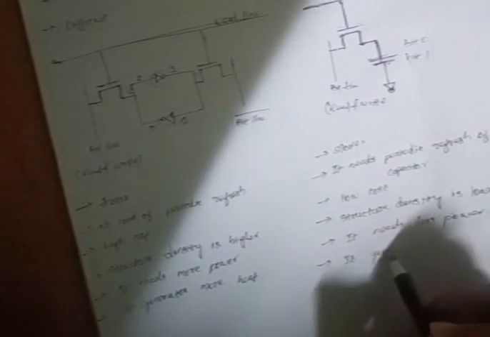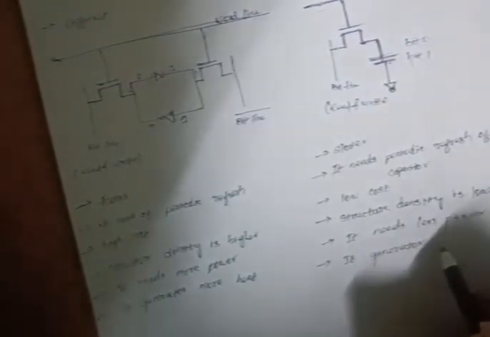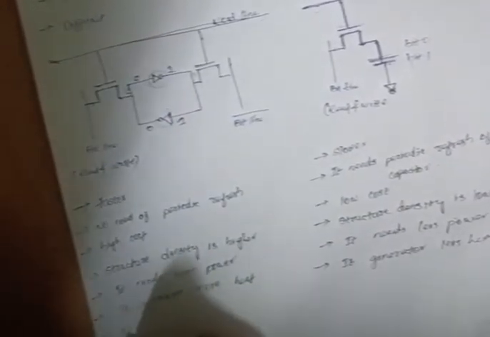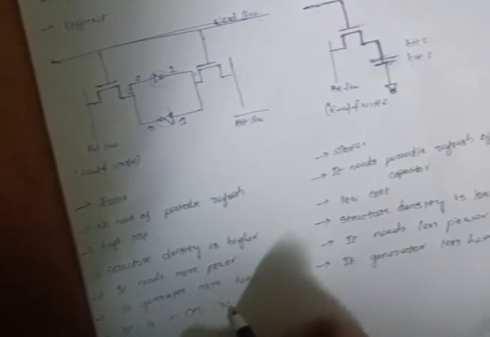Dynamic RAM generates less heat because of less power. And where are they used? Static RAM is used in CPU cache. Dynamic RAM is used in the main memory of the computer.